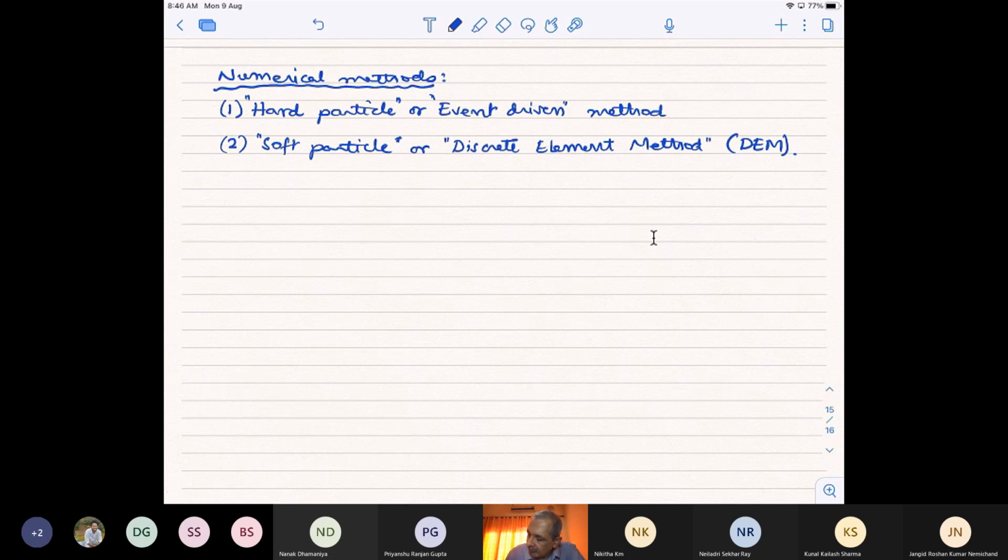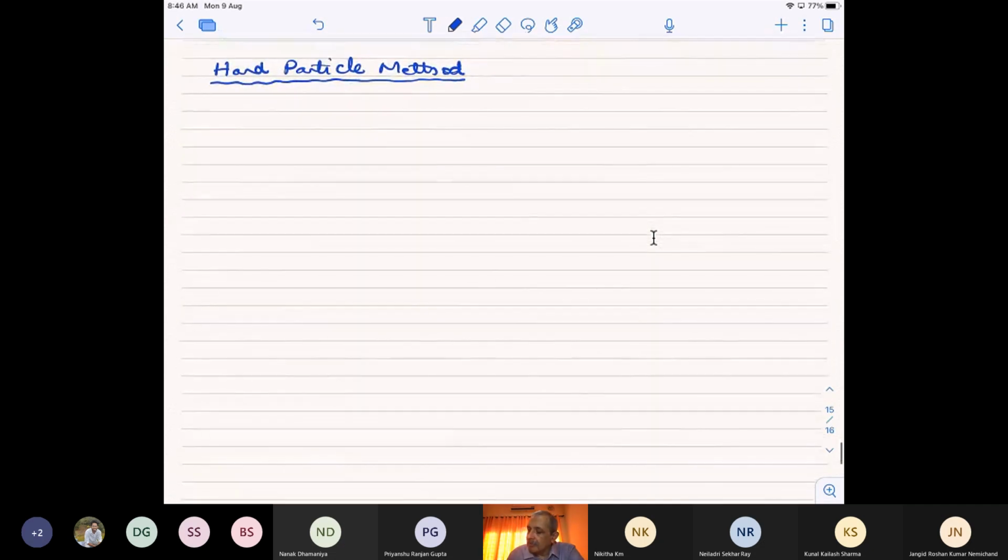These are the numerical methods. So let's look first at the hard particle method in some detail. And how does this method work?